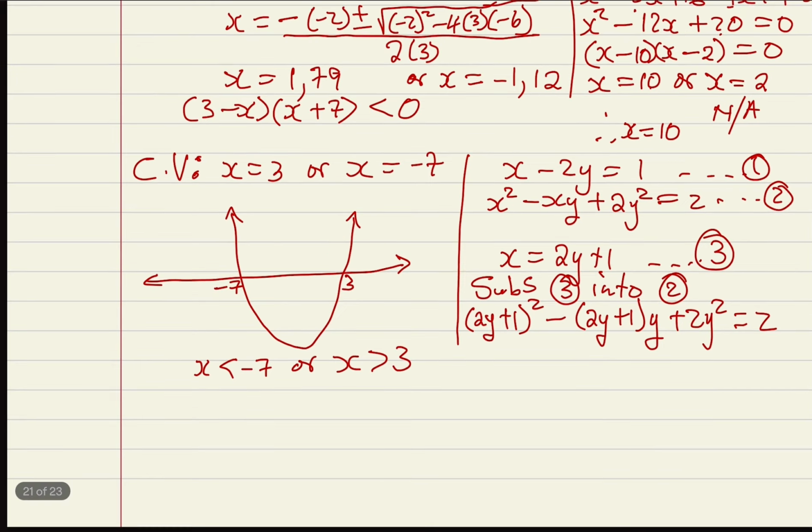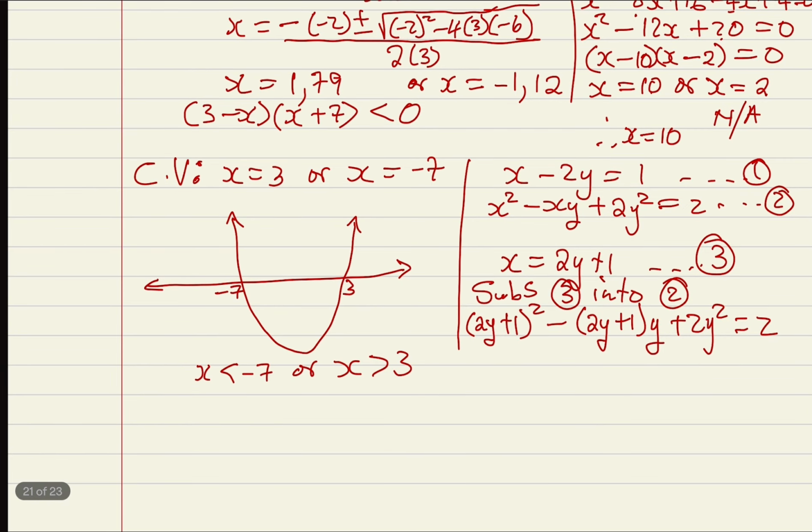Then remember, it's your math. So you square the first one, it will be 4y squared. And then this and this would be 2 times 2, so plus 4y plus 1.